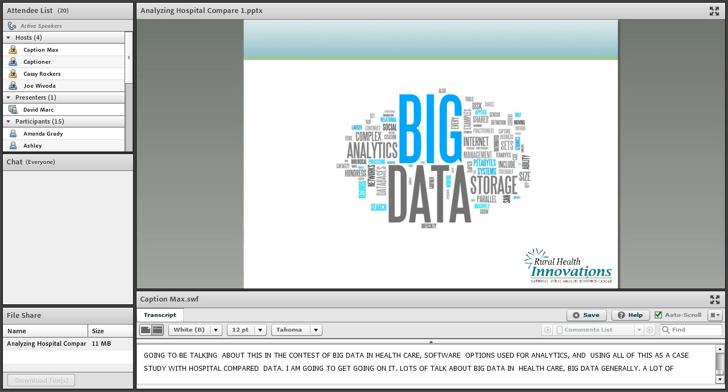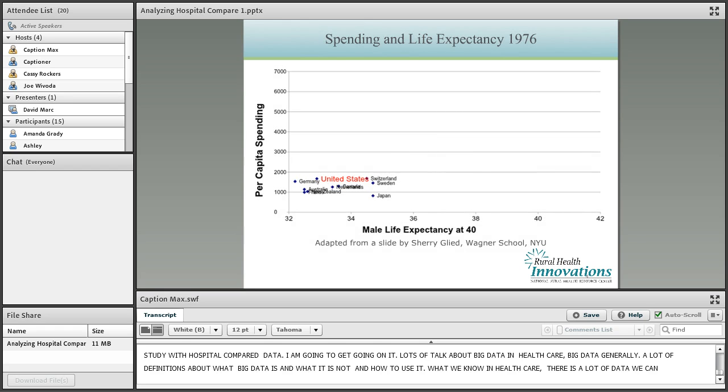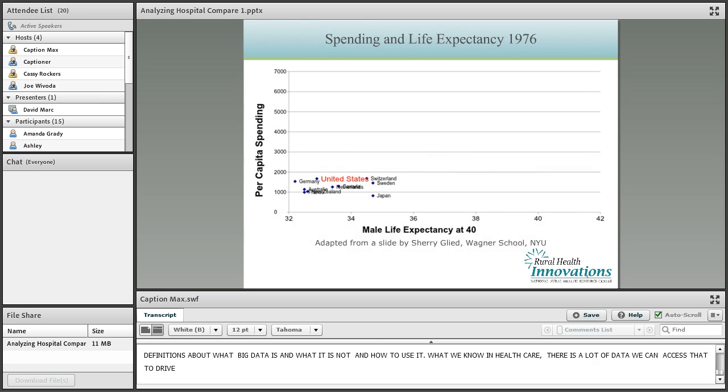So there's lots of talk about big data in healthcare, big data generally, and there are a lot of definitions about what big data is, about what it's not, about how to use it. But really what we do know in healthcare is that there is a lot of data, and we can start accessing that to really drive outcome improvements.